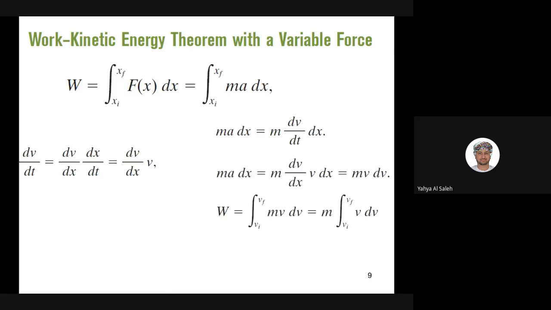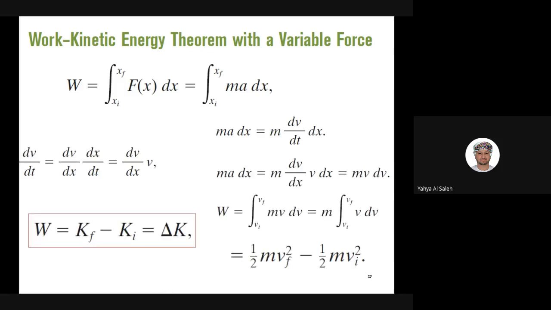This is a bit of a headache. So we are proving here that this is true for any general force ma, not only specific forces. ma can be written as m dv by dt because acceleration is the first derivative of velocity.